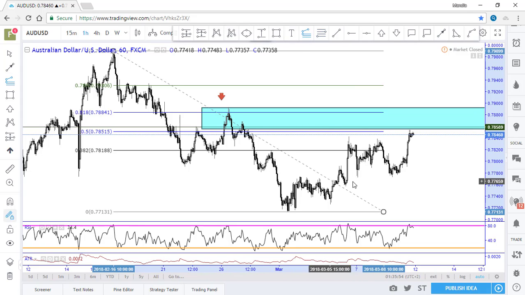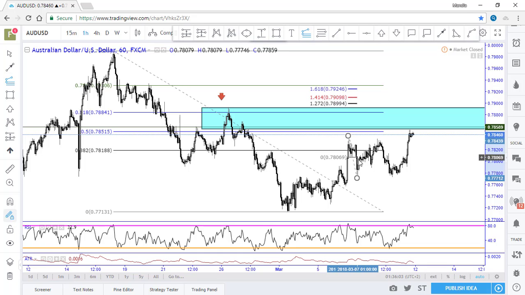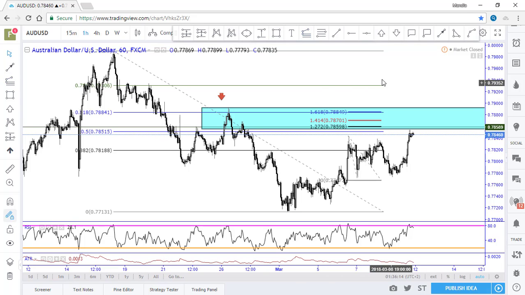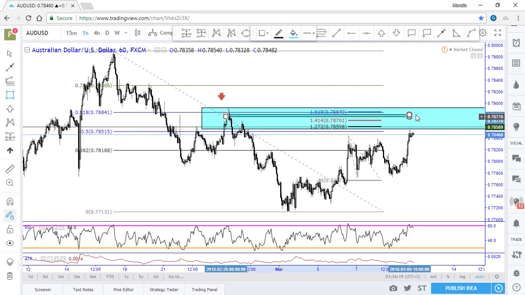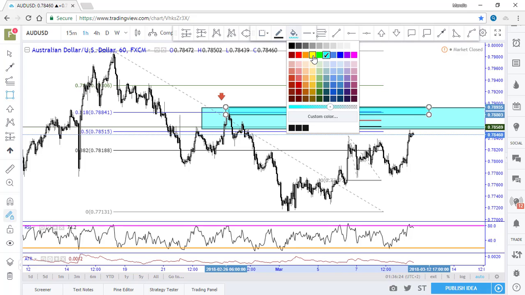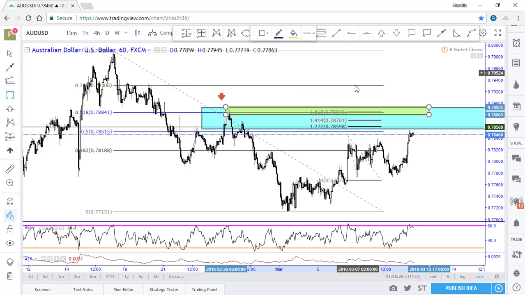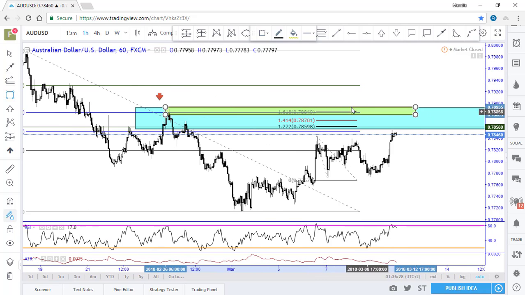Then as I take my Fibonacci extension tool from this low right here and invert it back to this swing high, I will have a 1618 extension lining up at this 618 retracement. So this gives me a zone where I would want to potentially look for a selling opportunity, which is right at this zone right here.